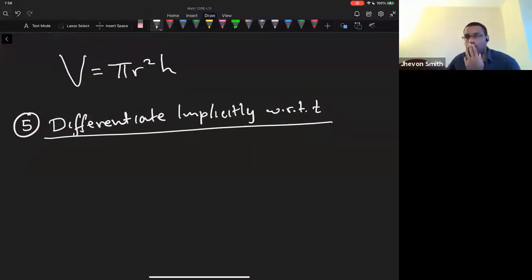Okay, so mini test here before an actual test. How would this look if I differentiate implicitly with respect to time? Someone tell me here, if I go through and I differentiate this with respect to time, what would it look like?